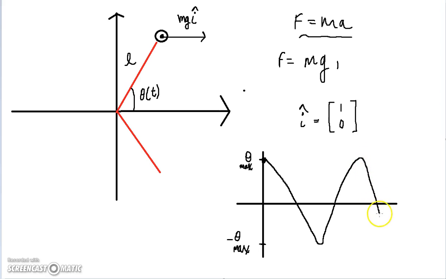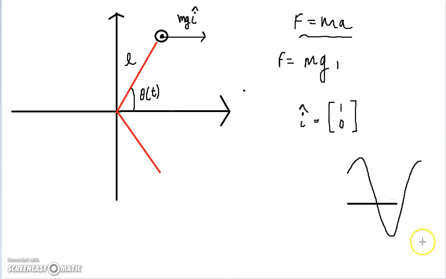There are many candidates for this oscillator function. Basically, it's any function that goes from theta max to negative theta max to theta max to negative theta max. That's the function we would like to use for the pendulum.